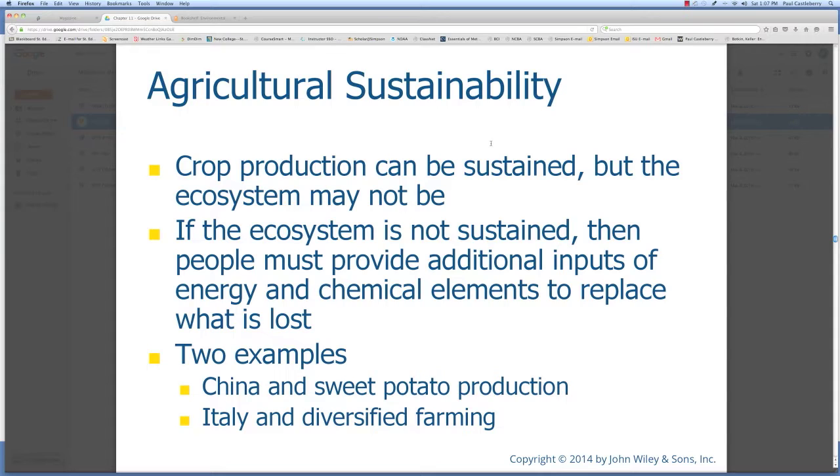Two examples that your book referred to are China and sweet potato production. Early on, China's main crop was rice for thousands and thousands of years. But they started planting sweet potatoes and even some corn.